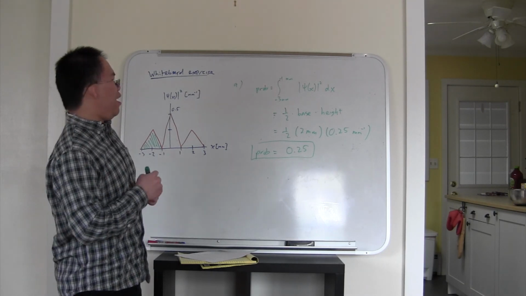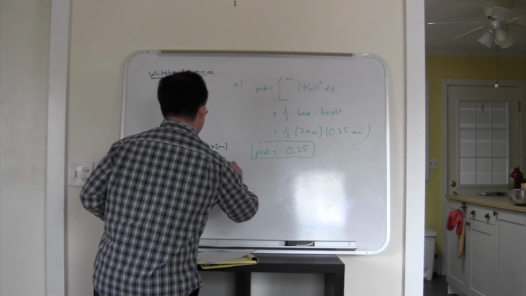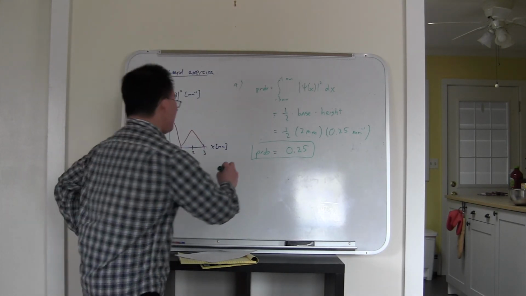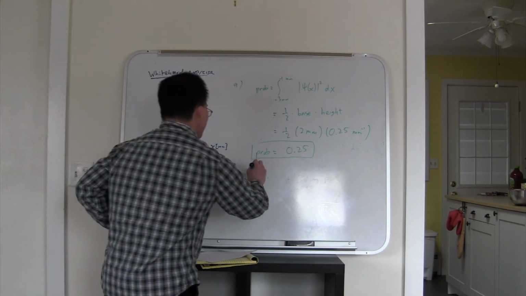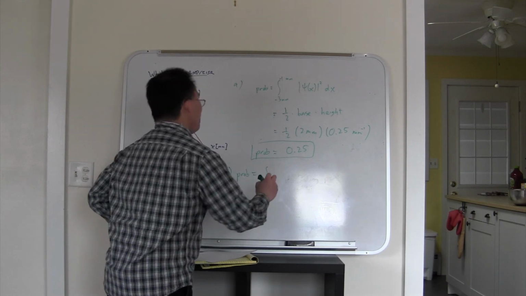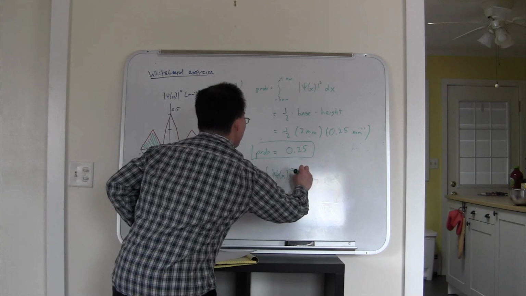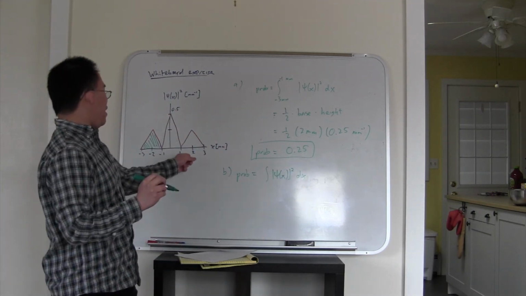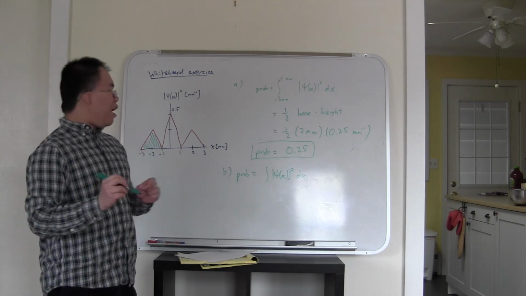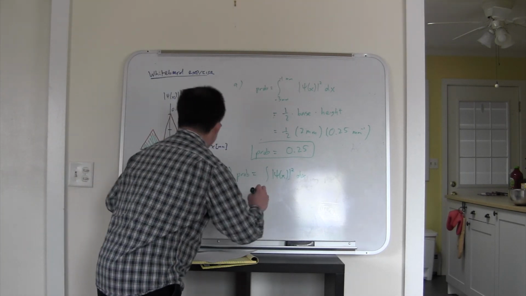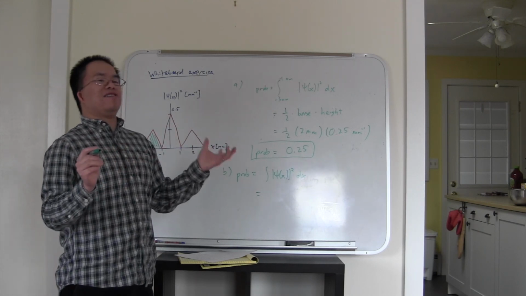So for part B, that probability is still going to be the integral of my probability density around x equals 2 millimeters. But now, if I think about zooming in here, I can essentially approximate this as a constant.